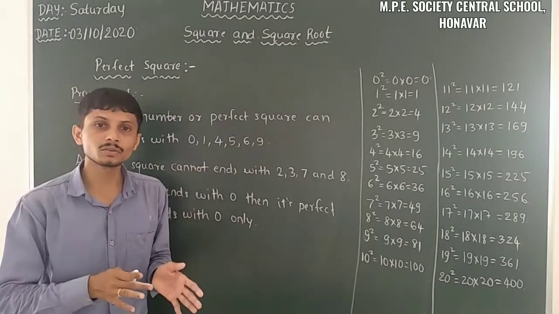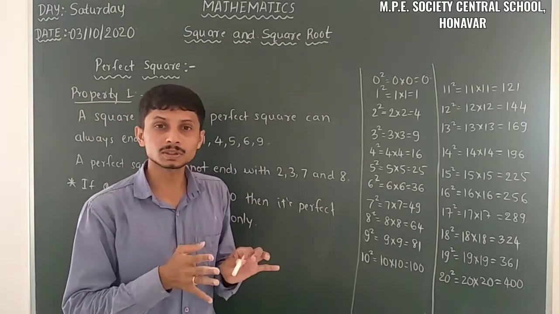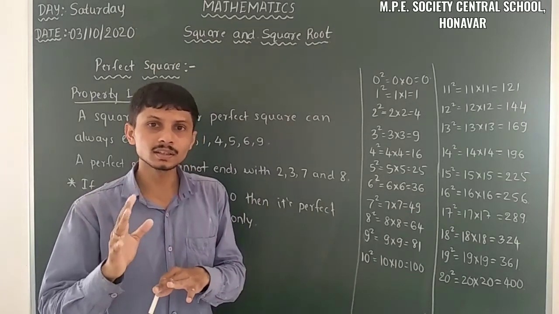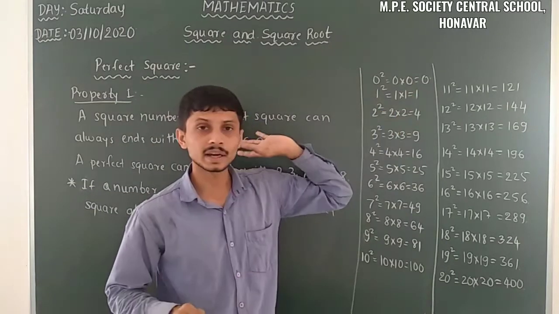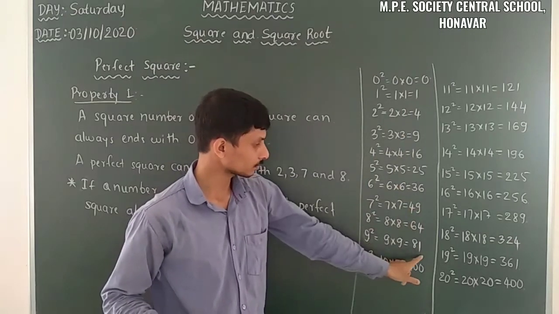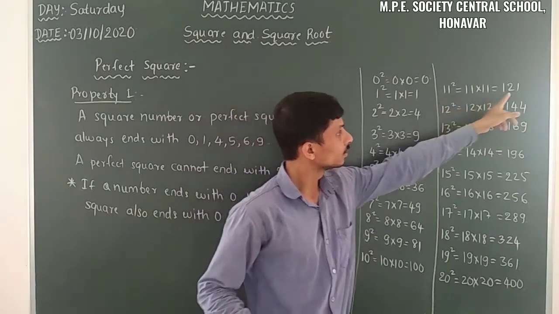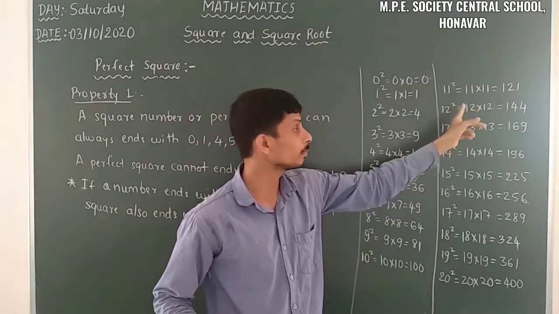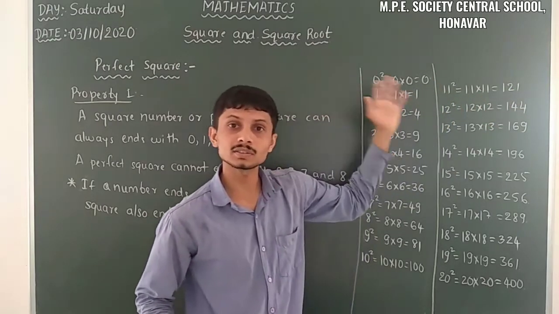After that we have to know about 1. What are the possibilities of a square number getting 1 as the ending digit? Just observe here, 1 ends with 1. Any other possibilities? Just observe 9. Here 11 is there, a number that ends with 1, and its square also ends with 1. There is another possibility, yes, 9. This number ends with 9, and its perfect square also ends with 1.